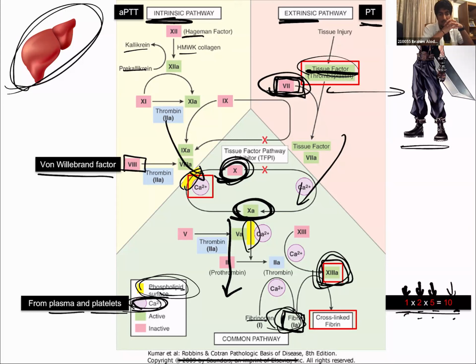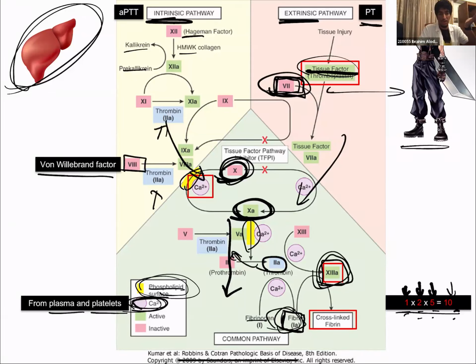Can you explain the blue boxes, thrombin? Okay, yeah, you don't really need to know this, but basically thrombin, which is factor 2, or activated factor 2, is needed in order to activate a lot of other factors. So thrombin is needed here, here, and here.